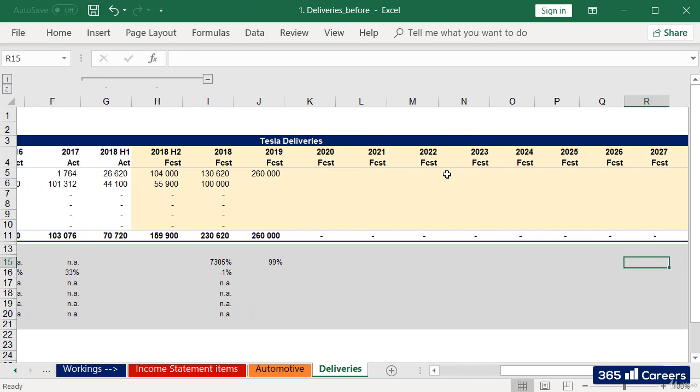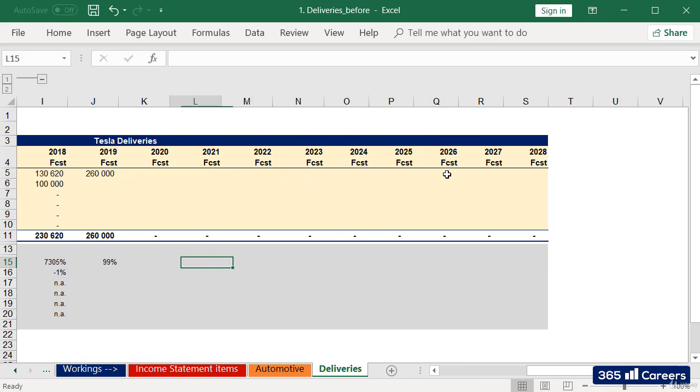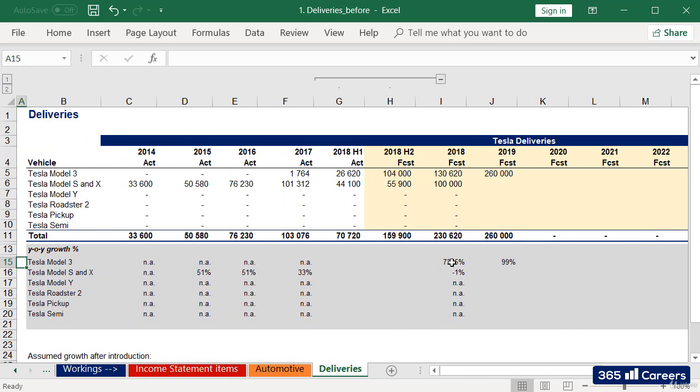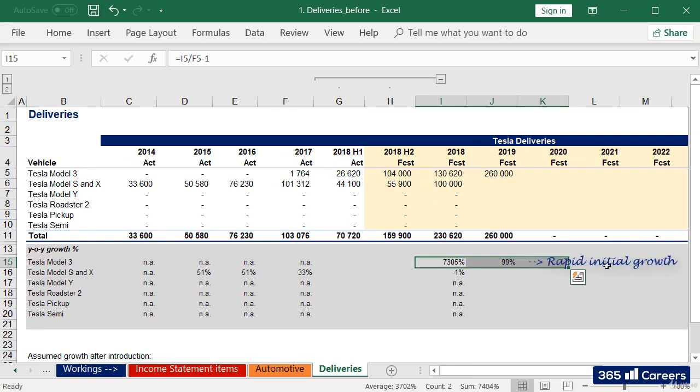Given that this is a 10-year model and we can't apply 50%, 30%, and even 20% growth rates for all years in our forecast period, we have to assume a rapid initial growth, especially in the first year when production ramps up, and a gradual slowdown. So our assumption here is the following.